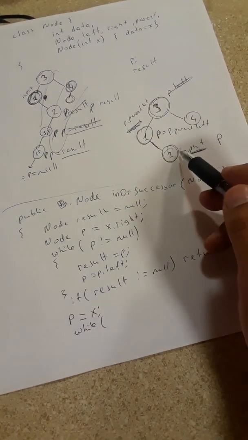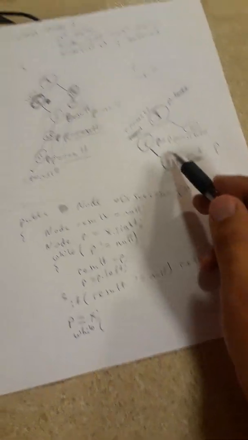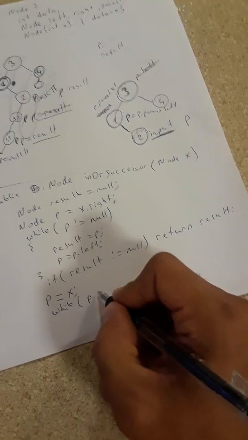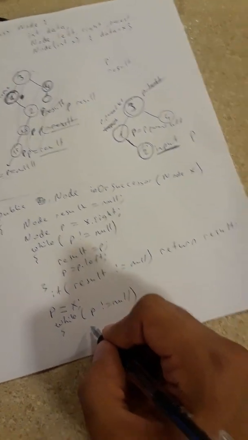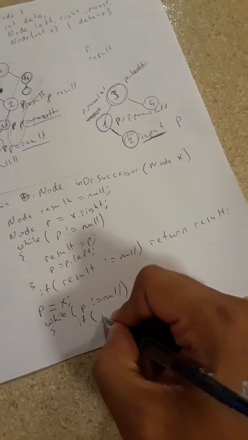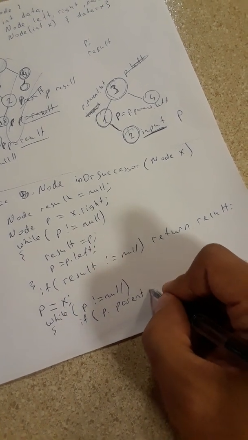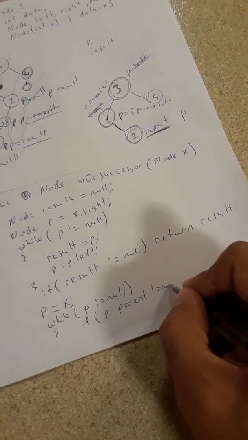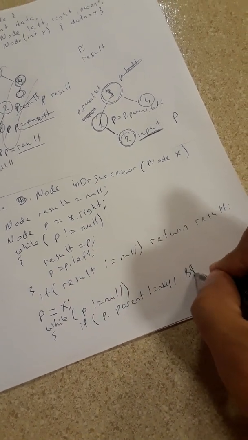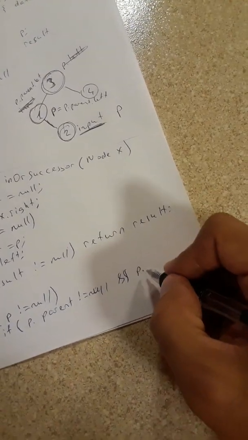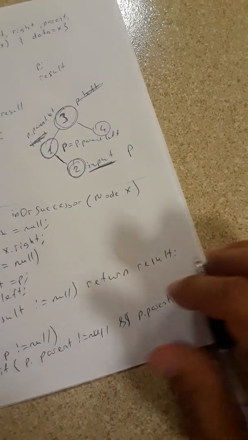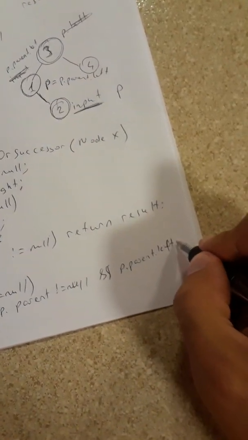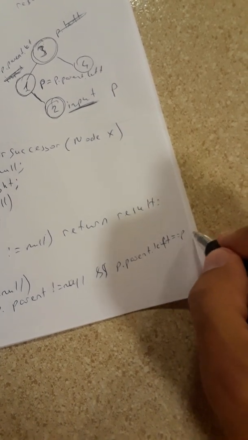We're considering the case when the input node is 2. Until p is not equal to null, we move until our parent is not null and p's parent's left is equal to p.